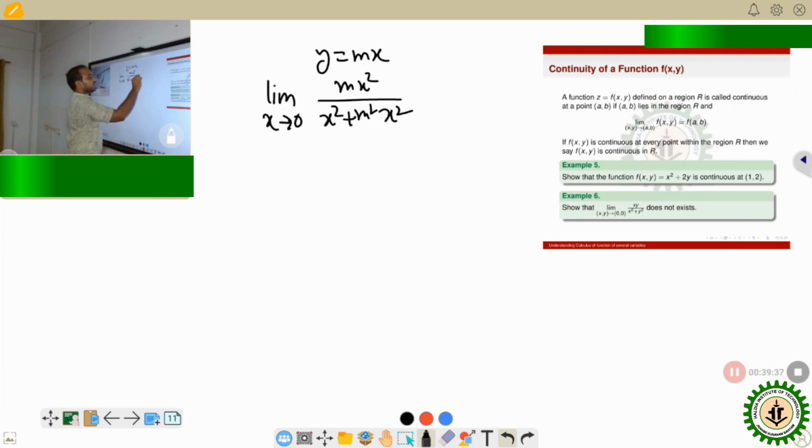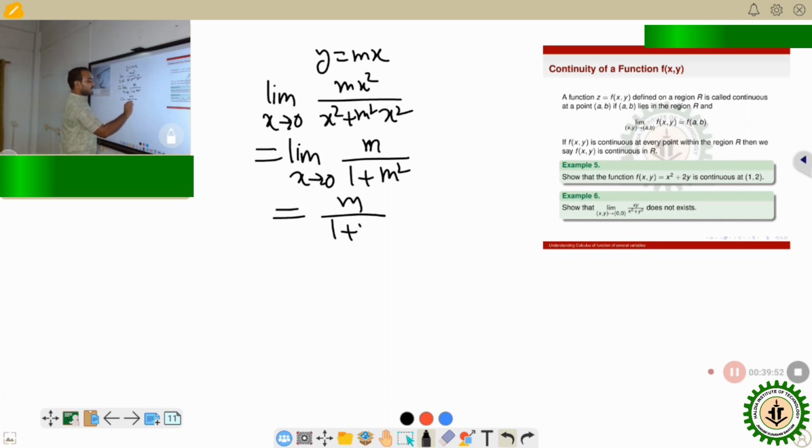It again reduces to limit x tending to 0, x square will cancel out from numerator and denominator, and it will give you m by 1 plus m square. So the simultaneous limit depends on the choice of the path that we are approaching, that is y equal to mx. For different values of m, you will get different values of this limit. So in such a case, you cannot say that the simultaneous limit of the function will exist.